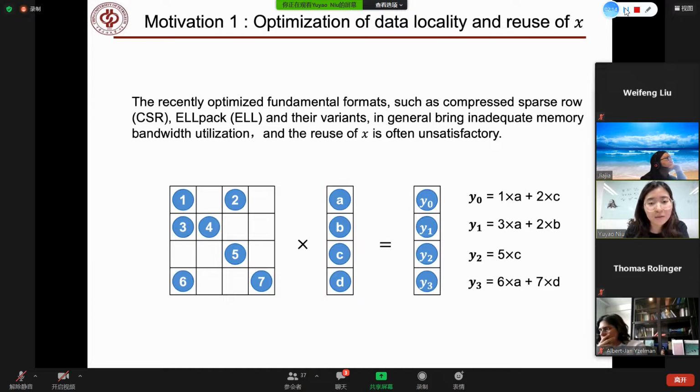Despite lots of attention and research, the existing SpMV work still has three challenges.